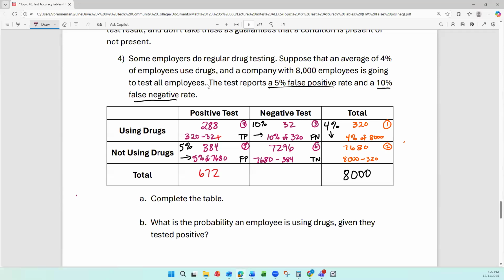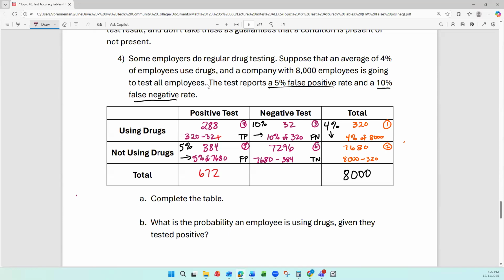So there's these 7,000 people looking at the 384 people, saying, I'm not using drugs, I got a negative test result. What are you talking about? I don't believe you that you say you're not using drugs and you got a positive result. It didn't happen to me. Why would it happen to you? But statistically, it is going to happen to some people.